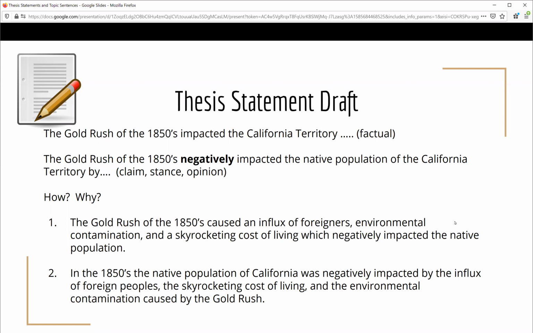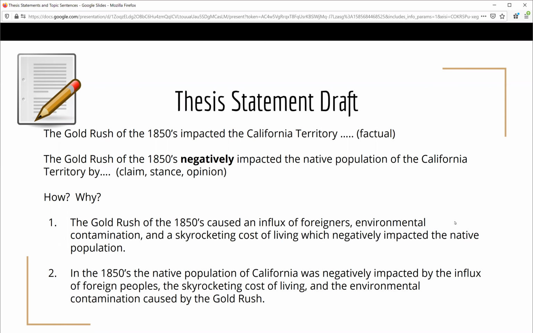So now think about how or why did the gold rush have that negative impact? Well, you could say, "The gold rush of the 1850s caused an influx of foreigners, environmental contamination, and a skyrocketing cost of living, which negatively impacted the native population."